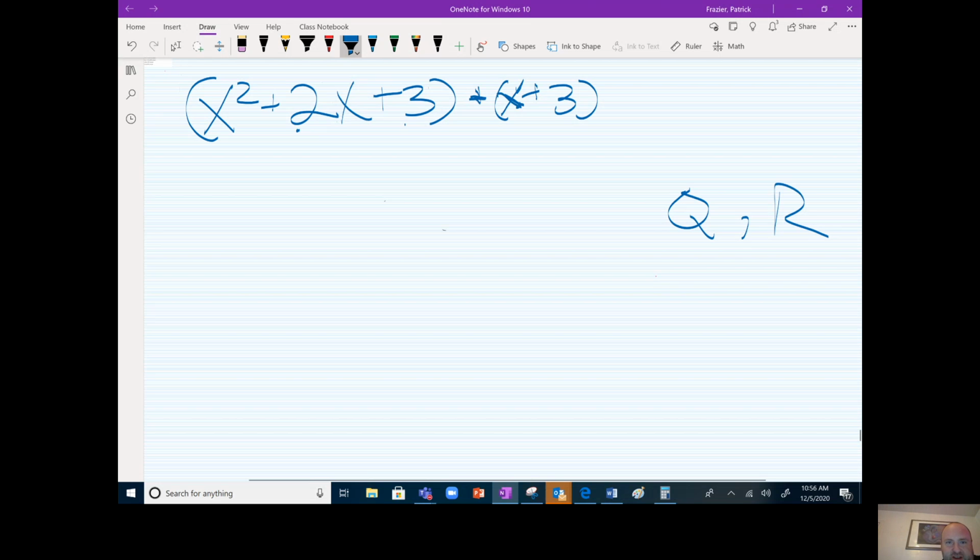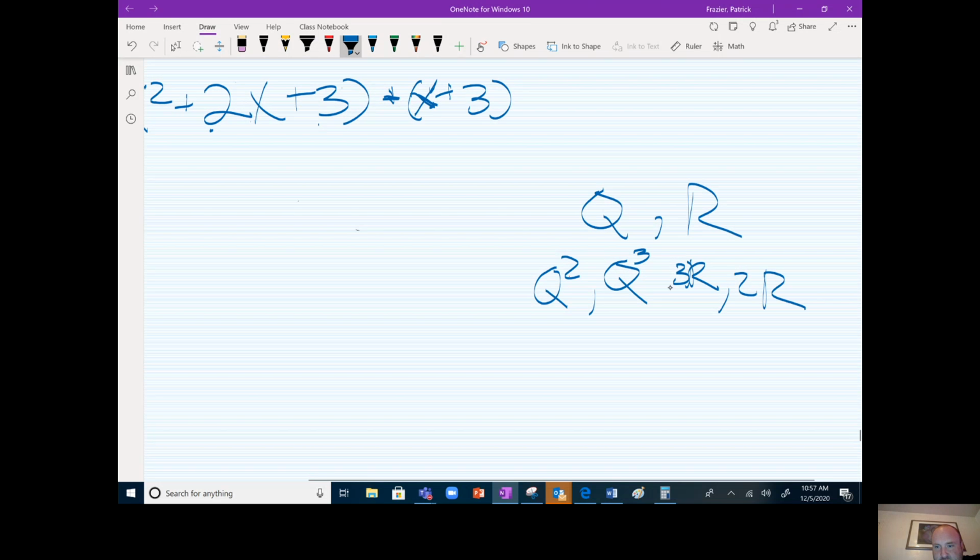In other words, we only have one variable in this case, which is x, but the other factor for consideration is the exponent. If we had q cubed and say q squared, that's not the same thing. Whereas if we had the coefficient 3r and 2r, well, the coefficient is the number that's multiplied by the letter, the number that's either being multiplied or divided by the variable.